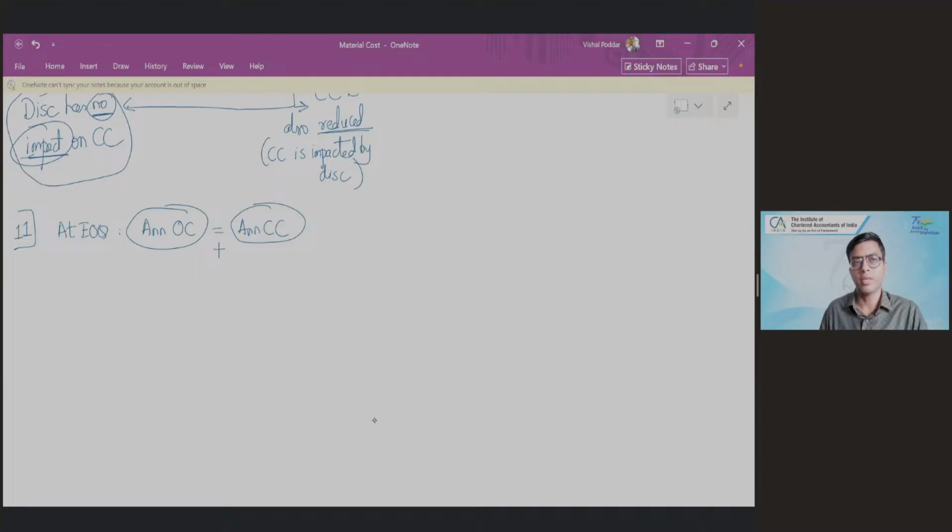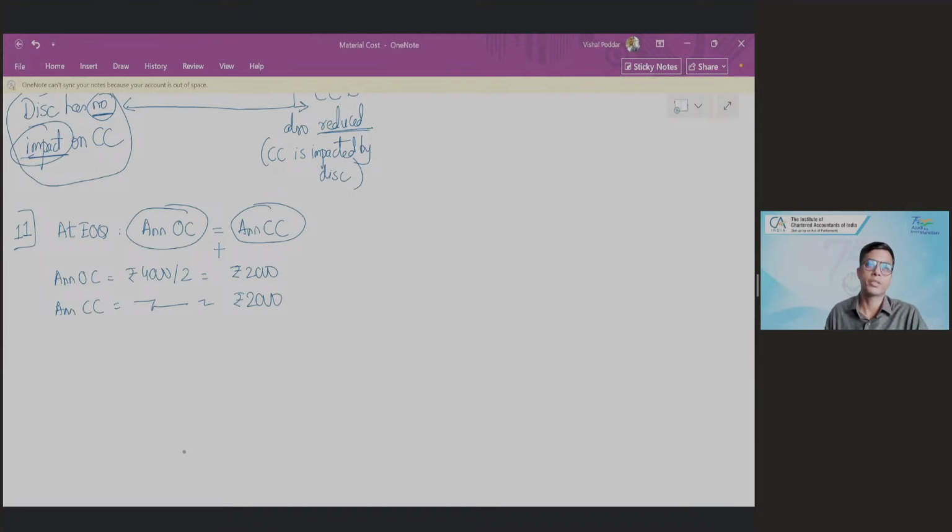Now, if total is given, then obviously your annual ordering costs will be the total divided by 2 because they are equal. And similarly would be your annual carrying cost. So both are going to be 2000 because the company is already following EOQ. And if the company is already following EOQ, its ordering and carrying are same. The ordering carrying is same, which will be 2000, that is half, correctly pointed out by Krishna and Pratiksha.